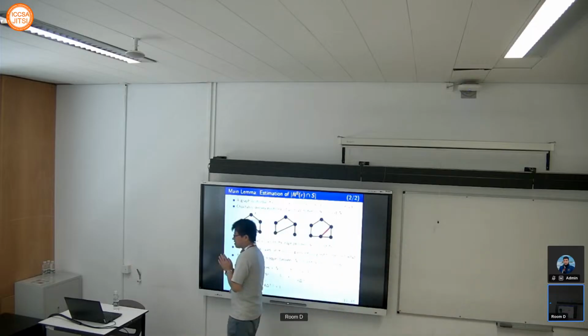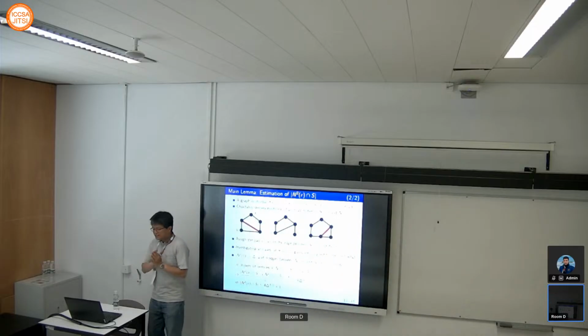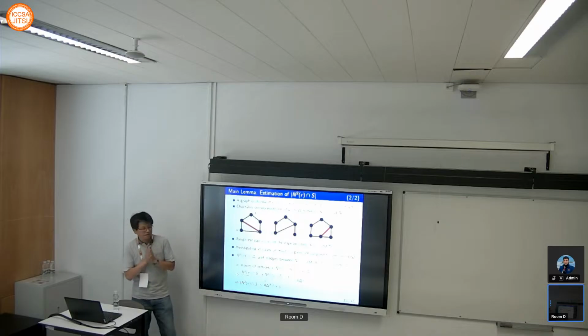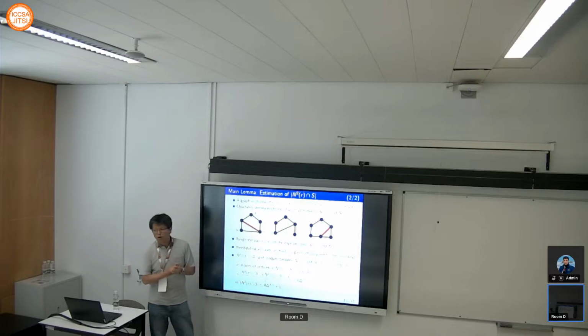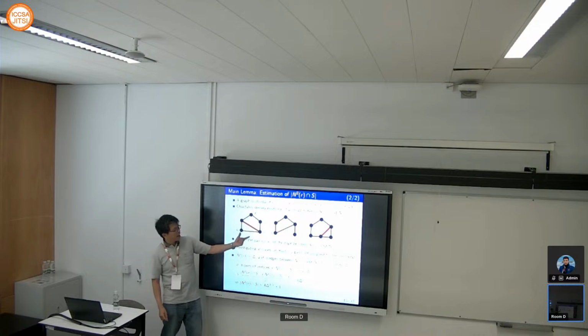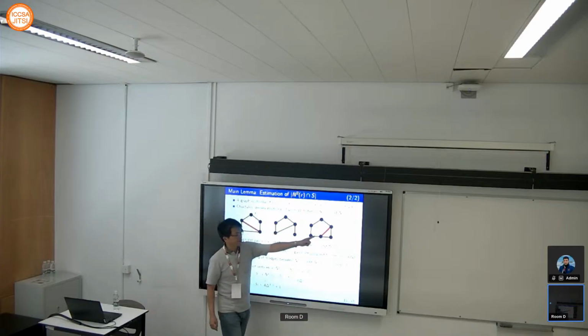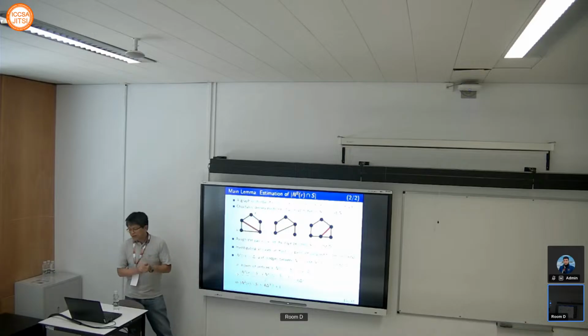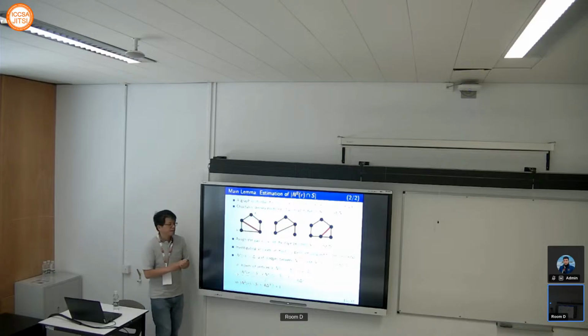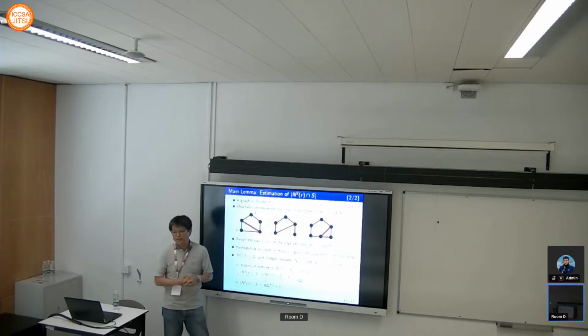Then the strategy of the proof is the assignment of the pair UV to an edge between N1R and N2R. So in this case, I assign the pair UV to this red edge, or this edge, or this red edge. This is the strategy. Then investigating all cases, we observe that at most 8 delta pairs can be assigned to one edge between N1R and N2R.